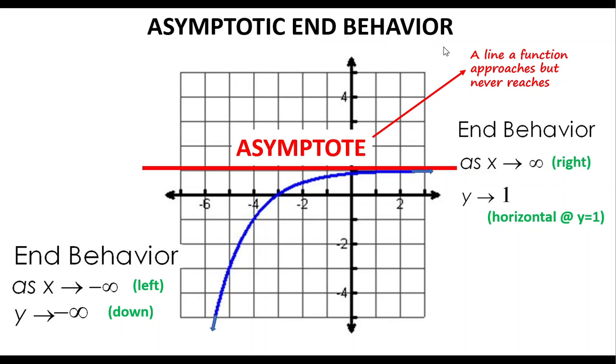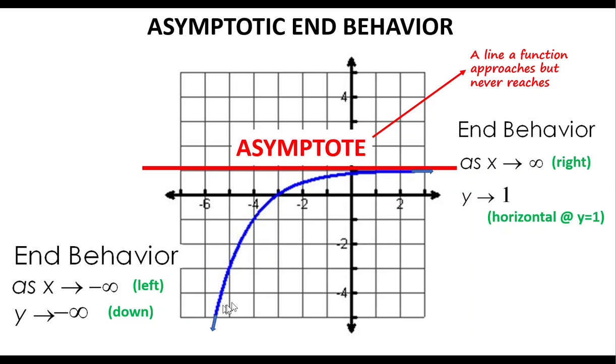Asymptotic end behavior. An asymptote, this red line right here, is a line that a function approaches but never reaches. On the left-hand side of this function, as x becomes more negative, the function is going down. So right here we read end behavior: as x approaches negative infinity, the y values approach negative infinity.